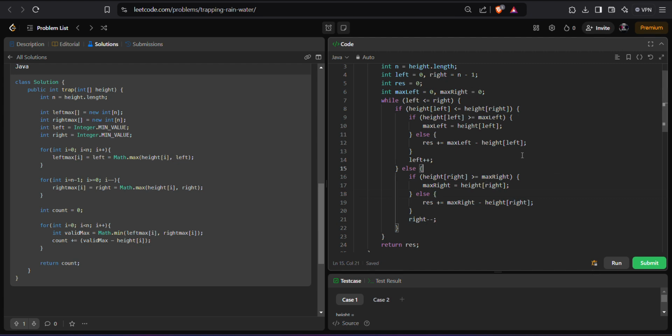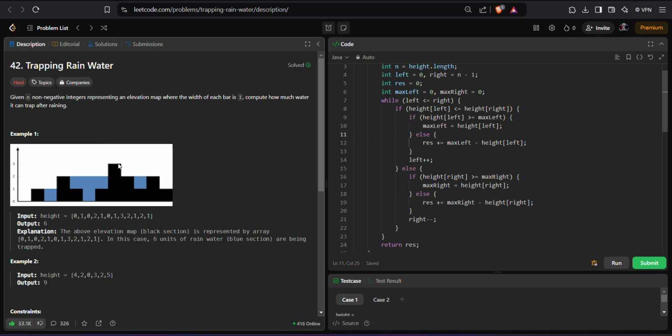Now let's look further into the depth. If the height of the left is smaller, which means we are on the left max side. And how will we calculate? If the current height is greater than the left max, which means there is a bigger bar, I'll show you. Check out this thing. Until here the left max is 2, now a new height has arrived, that is 3.